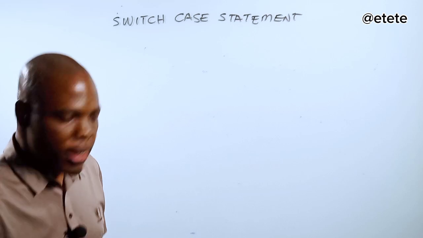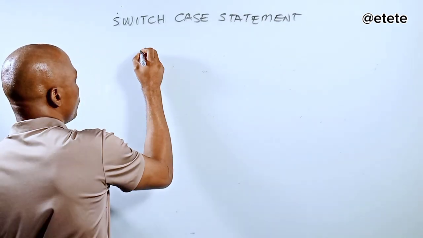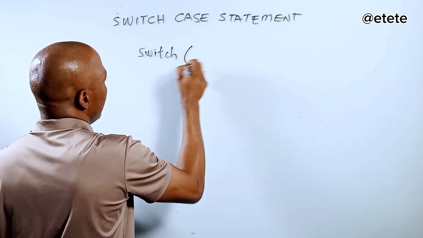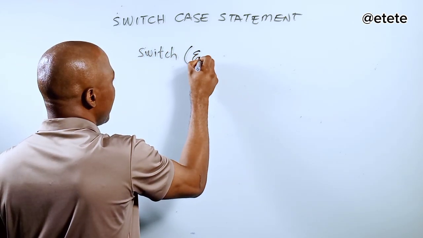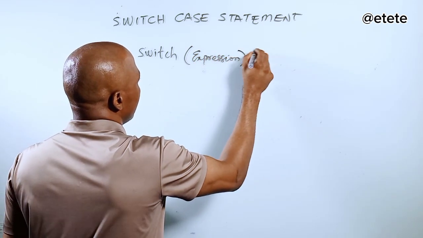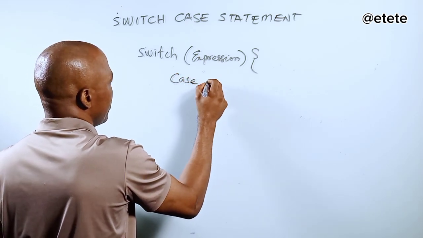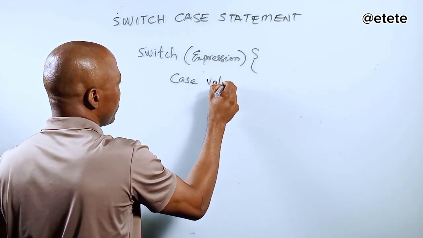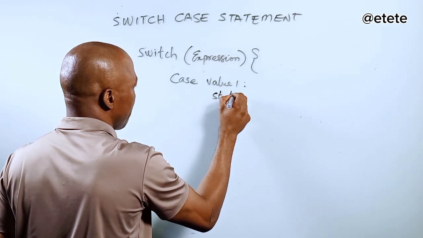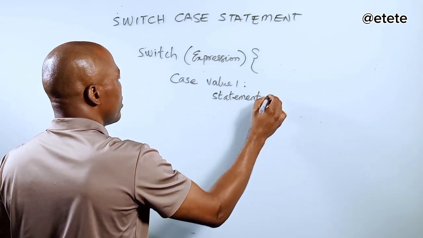First, let's look at the syntax for a switch case. You have switch, and then you have, let's say, expression. Then you have case, value one, then you have statement or statement.